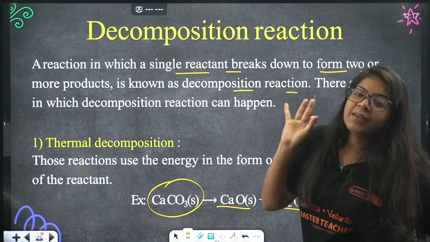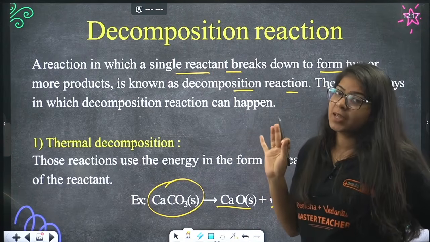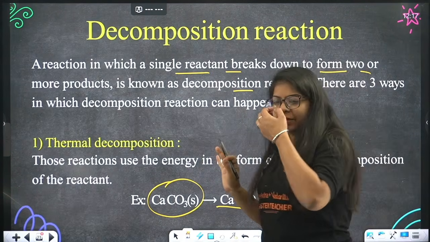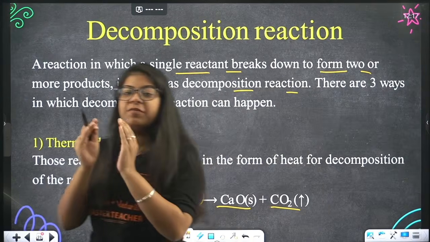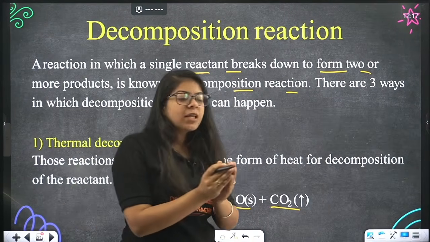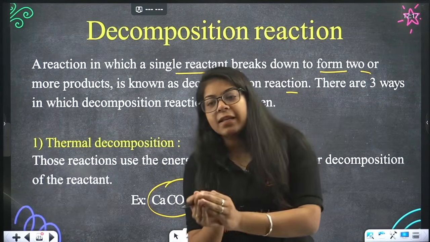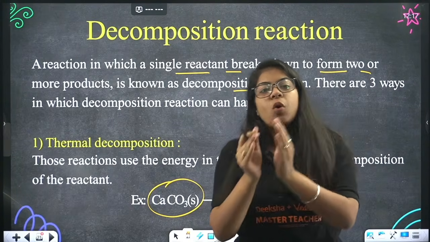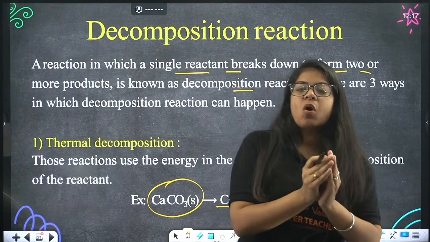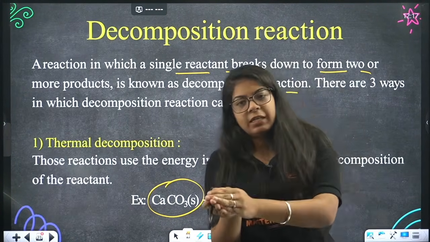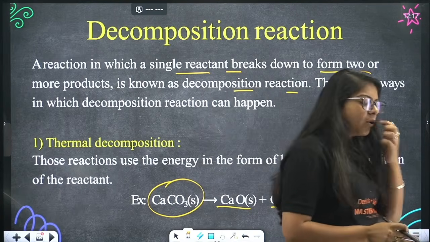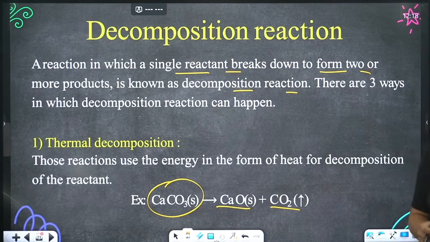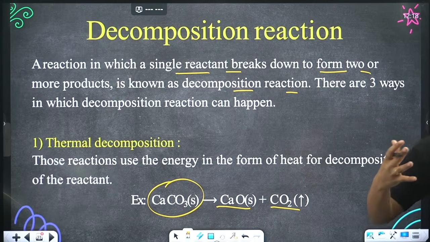There are three ways in which decomposition reaction can happen, which we will move on to, but basically the first part is: a reaction in which a single reactant breaks down to form two or more products is called decomposition reaction. Done? Okay.